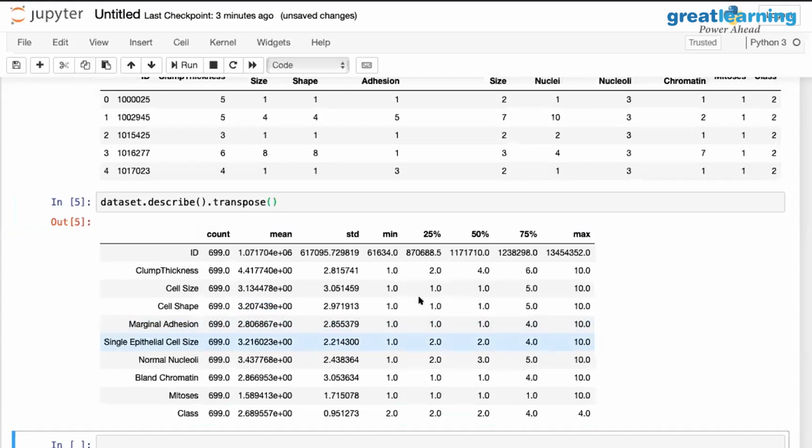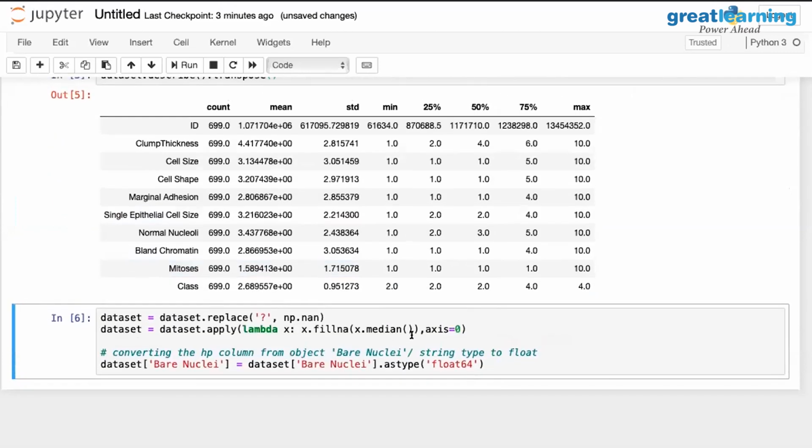Let's convert this. Remember we talked about it the other day: we had question marks, so we wanted to check. Right now we're filling the question marks with median values. I'm replacing the question marks with NaN, and when I replace this, I have this apply function. The apply function will iterate over every row, and that is what you'll find as the x value.